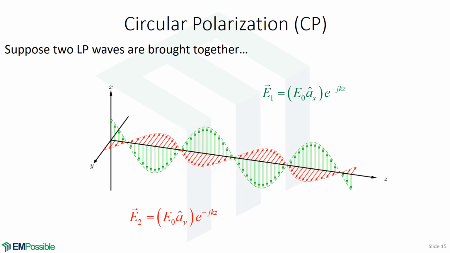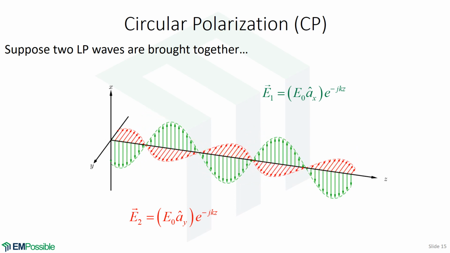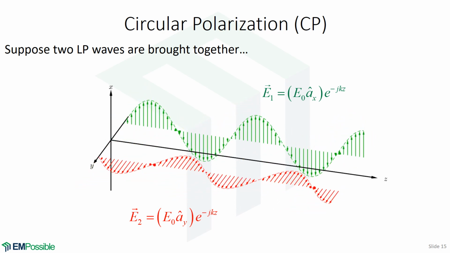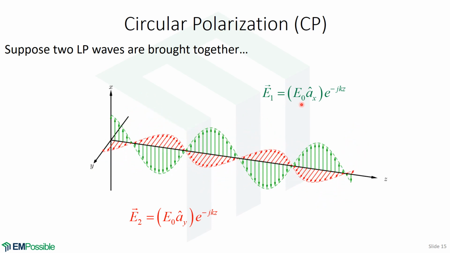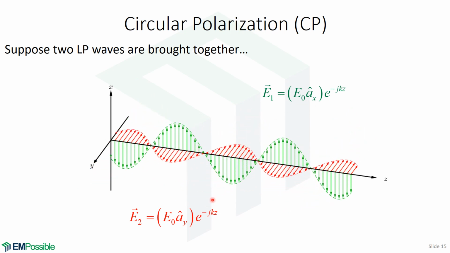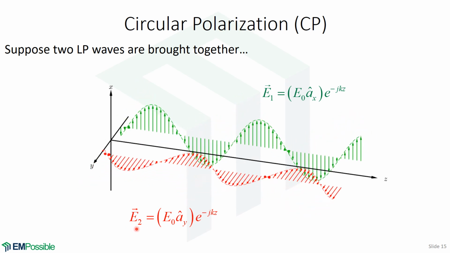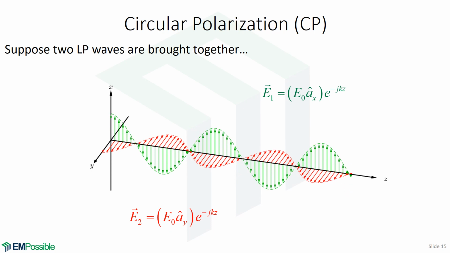What I'm showing here are these two waves happening at the same time and just coming together so that they're overlapping. So our x polarized wave is in green. We'll call that E1. So its polarization vector is E naught in the x direction. And our y polarized wave really has the same expression, except we're calling it E sub 2. And of course, its polarization vector is E naught in the y direction.